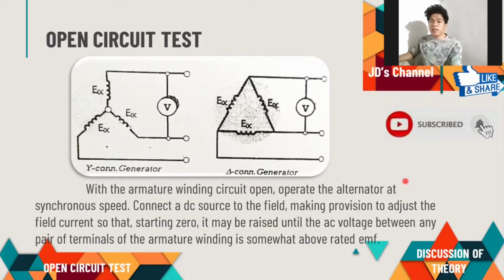With armature winding circuit open, operate the alternator at a synchronous speed. Connect a DC source to the field, making provision to adjust the field current so that, starting from zero, it may be raised until the AC voltage between any pair of terminals of armature winding is somewhat above the rated EMF.